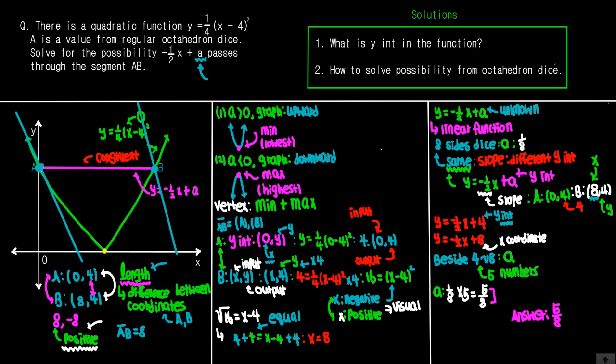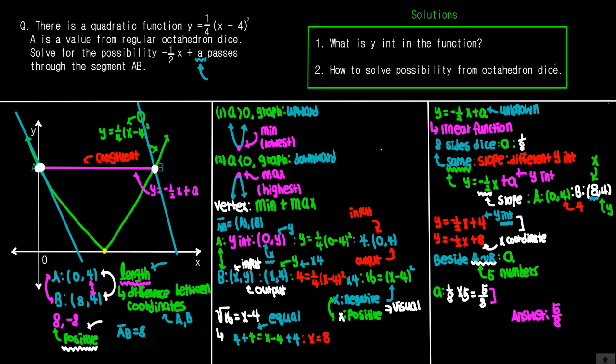Now we thought about the linear function that passes through our points A and B. One line should pass through point A, another line should pass through point B. So the difference between them was the y-intercept, which was y equals negative 1 over 2x plus 4 and y equals negative 1 over 2x plus 8. But the same thing between both of them was that they have the same slope, negative 1 over 2, which made them parallel.